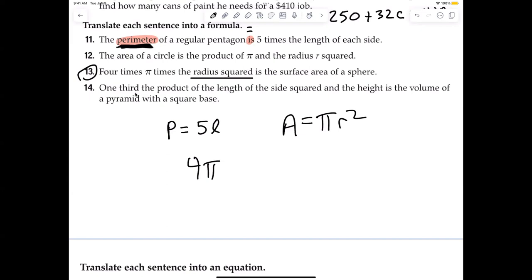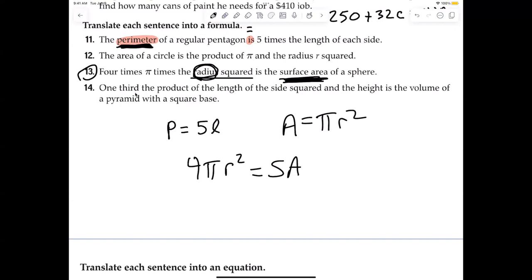What squared? Nope. What is this word? Yeah. Radius squared, right? You agree with that? Equals what? So what letter do you want to use? Yeah, we can use S, but I like to write SA. All right, we'll do a lot of that in geometry. Surface area can be abbreviated as SA. Okay, but if you put A down, it's okay.